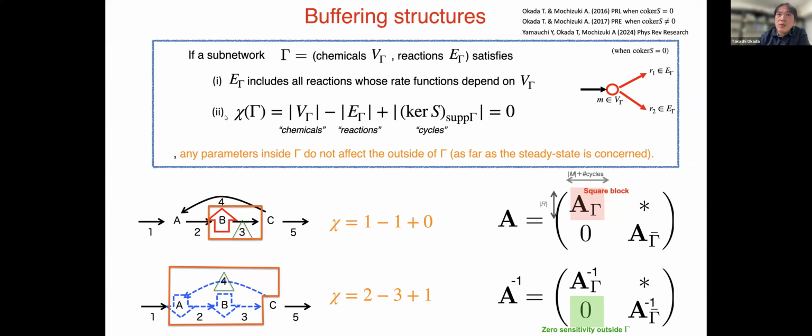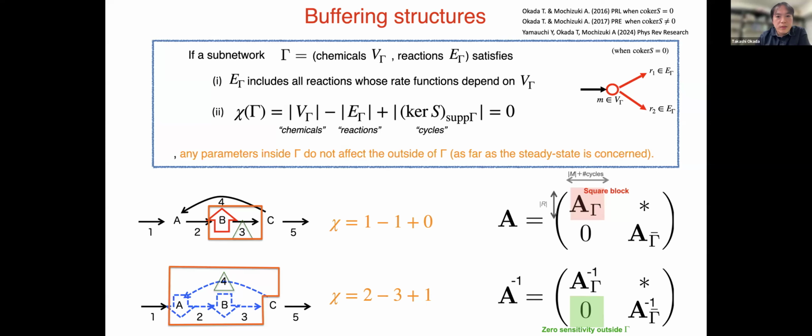In particular, the second condition implies that these two blocks are square blocks. And for such a matrix, we can easily compute the inverse of A. In particular, a zero matrix again appears in the inverse, and this zero matrix in the lower left corner implies zero sensitivity outside the buffering structure.